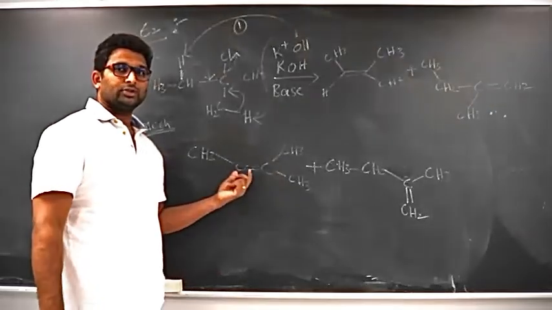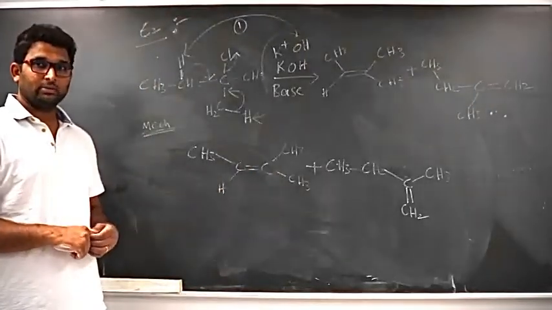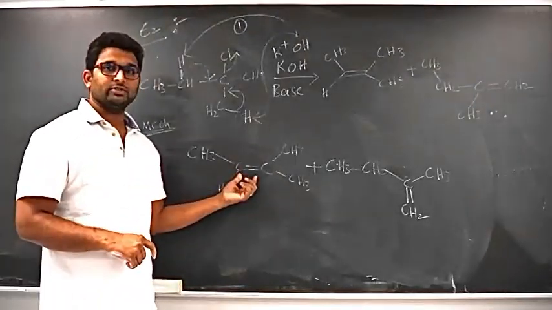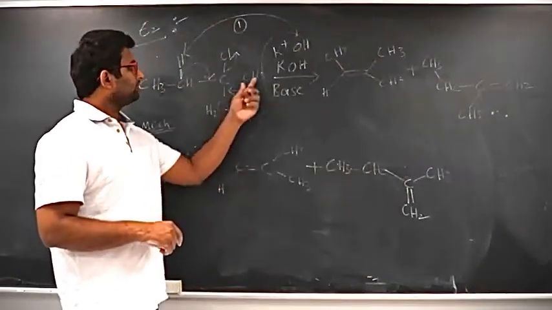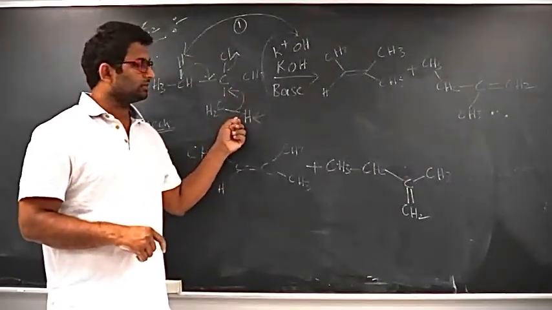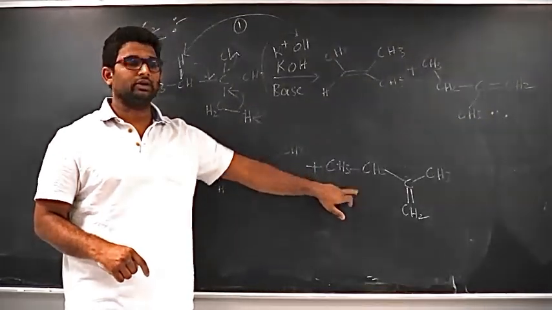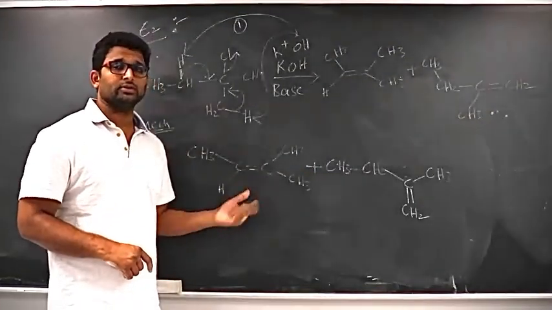Because more substituted alkenes are more stable, this will be your major product. But because of the availability of hydrogens, we also see this product. But this will be your major product.